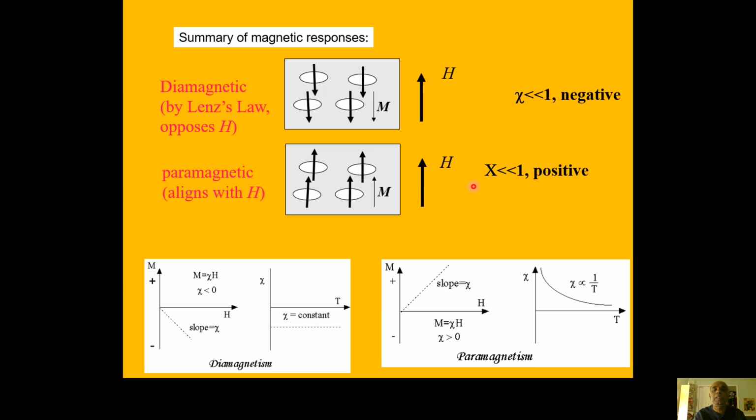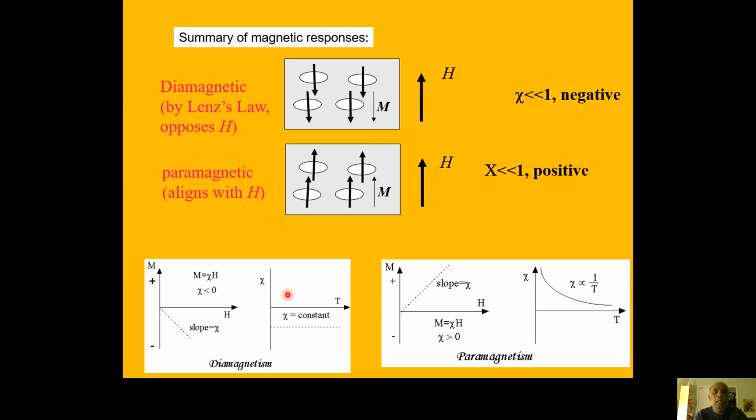But in paramagnetism, all the magnetization will be in the direction of H. So that means your chi is positive, but still the absolute value is very small, much smaller than 1.